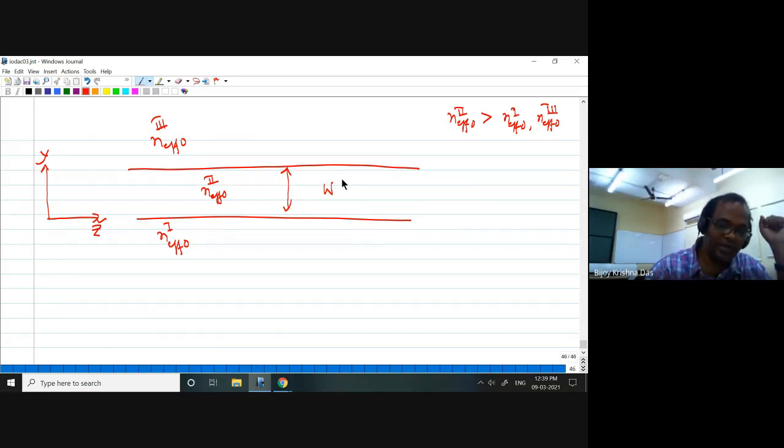Now in this case, again I can solve 2 times W times N effective 0 for region 2, right? And 2 pi by lambda cosine theta I minus phi u minus phi L equal to 2m pi.